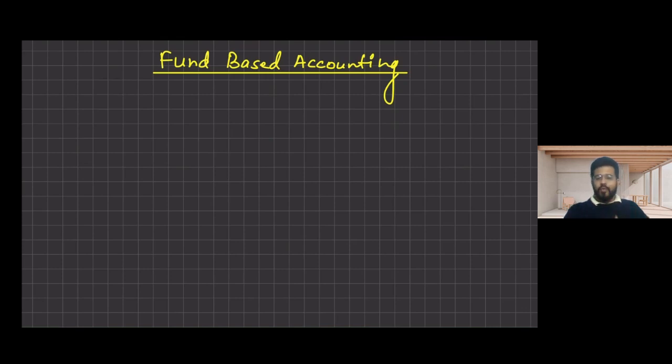And today I am going to explain a topic called fund-based accounting. That is my aim for today. We will do some questions based on income and expenditure account, receipt and payment account, and preparation of balance sheet, just like we did for the final accounts. That is the planning for today.